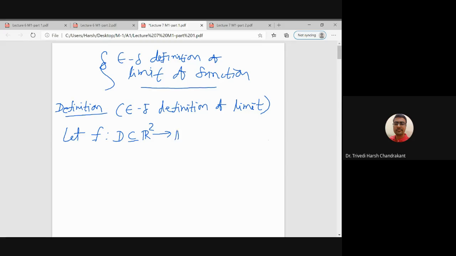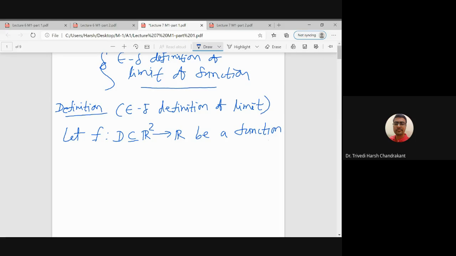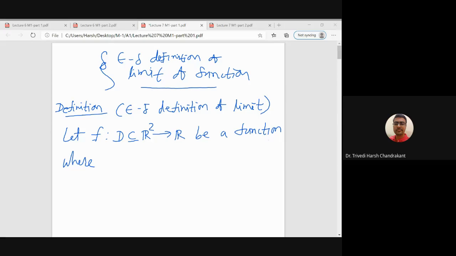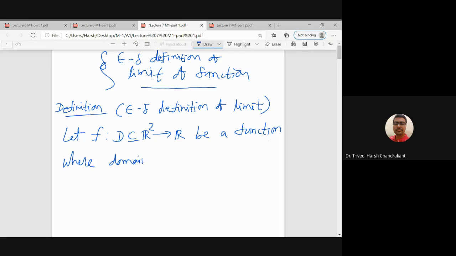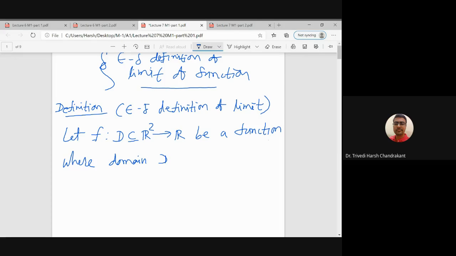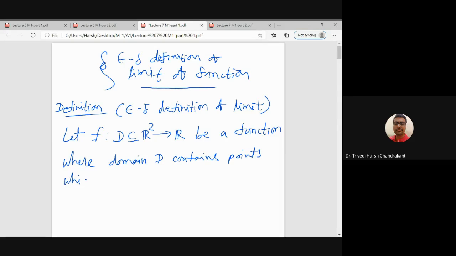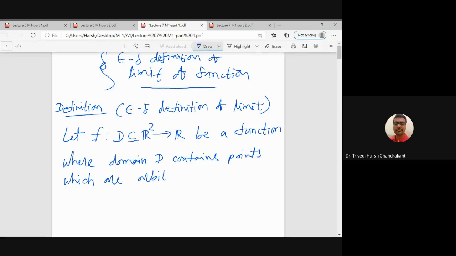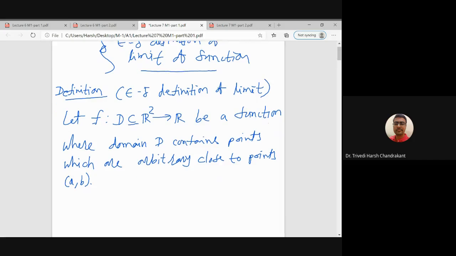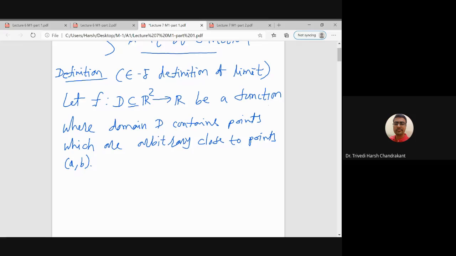So f is a function from D to R, where the domain D contains points which are arbitrarily close to the point (a, b). So (a, b) is a given point of the xy plane where we want to find the limit of the function.